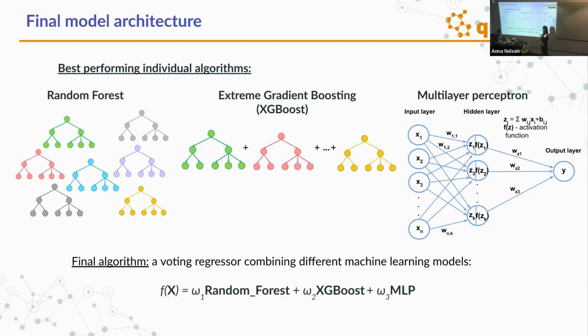We created a single voting regressor in which the prediction of the target variables is made by summing weighted predictions from the different models. Again, we optimized these weights in the process of cross-validation. We trained the voting regressor on different subsets of data, calculated the average score, and this way we selected the weights.